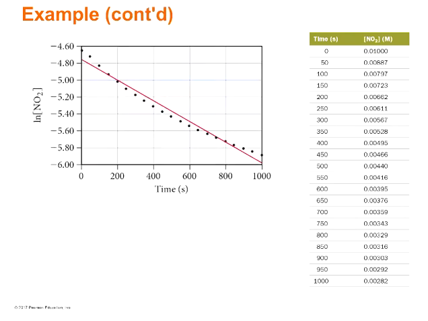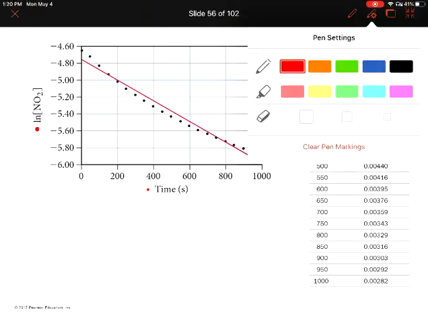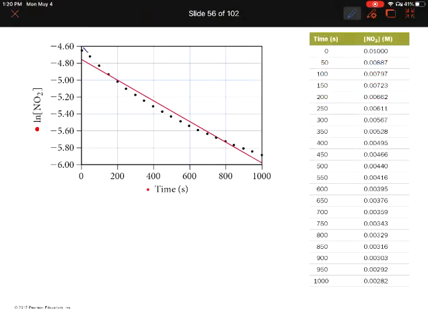All right, so this is our plot of the natural log of NO2 versus time. And you can see that it is not a straight line plot. So we actually have a bit of a curve here in the data. So we don't have a straight line.